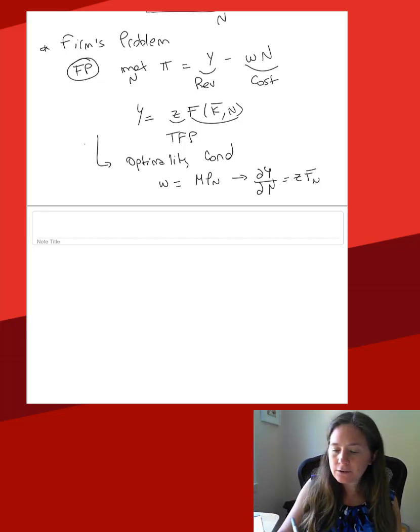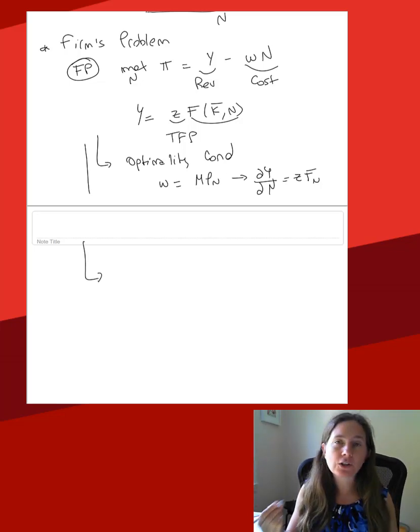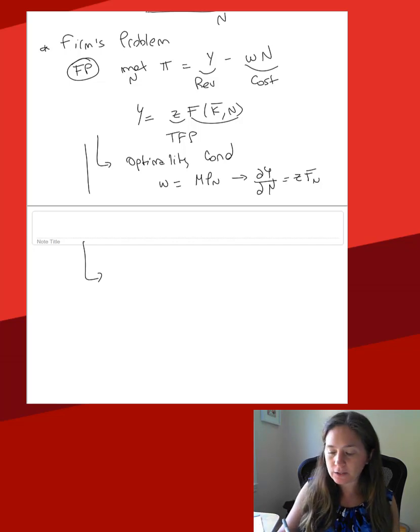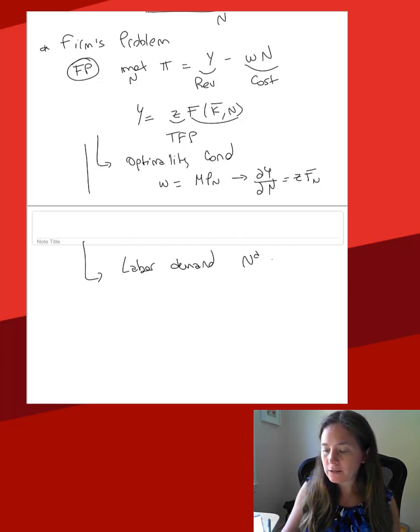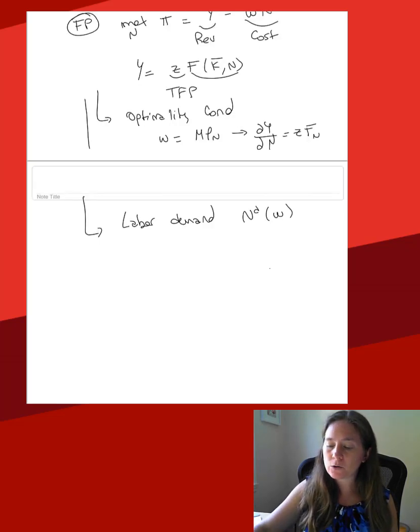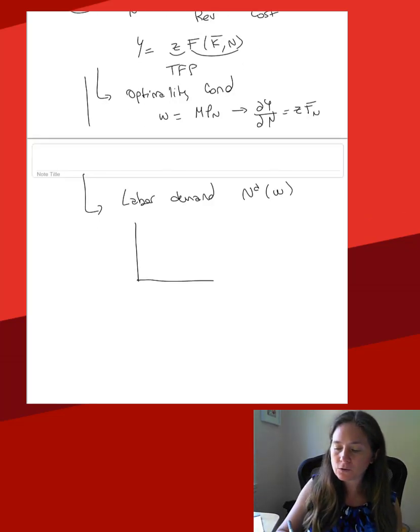Given the assumptions that we made on the production function, we are going to find a labor demand, which we can denote ND as a function of W, that is downward sloping.